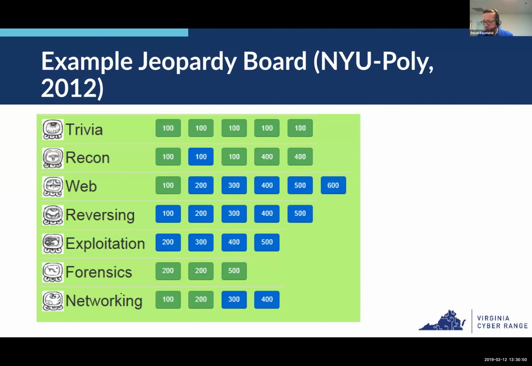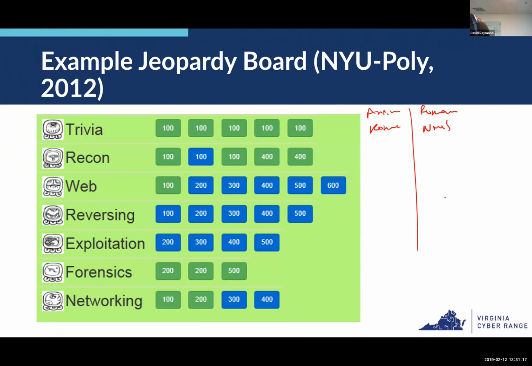Okay, so what is Jeopardy style CTF? If you think of a Jeopardy board, and this is a Jeopardy board from a capture the flag competition, but if you think of the game show Jeopardy with old Alex Trebek, what you usually have is categories. So you'll have ancient Rome, and you'll have romance novels.